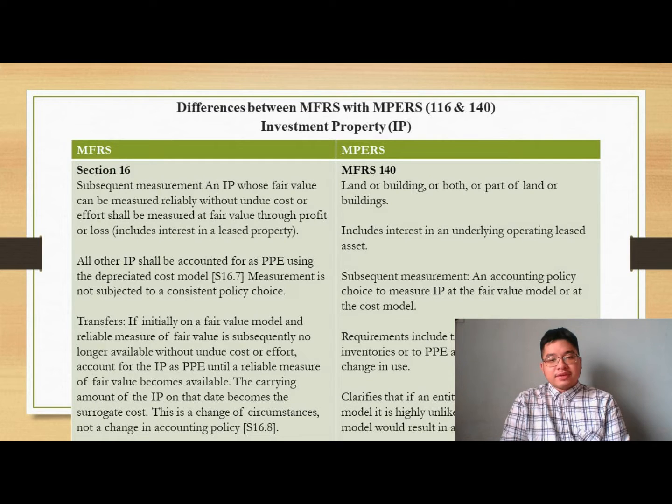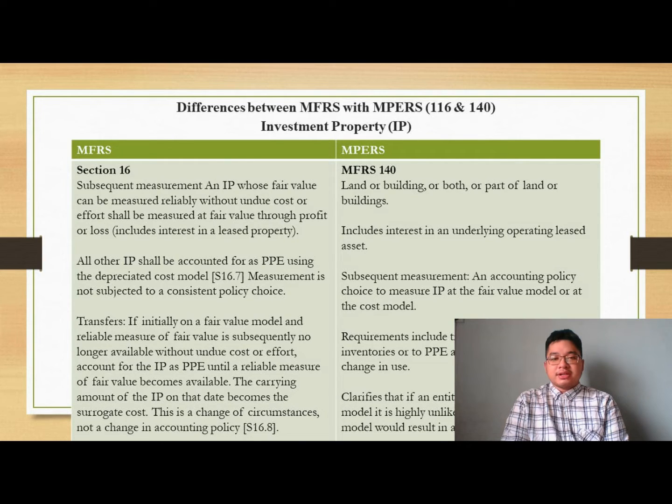Subsequent measurement is at cost or the revalued amount less accumulated depreciation and accumulated impairment losses. The option for the revaluation model is introduced in the amended MPERS. MFRS 116 applies a component approach to separately recognize and account for each significant part of an item of PPE. Initial measurement is at cost.